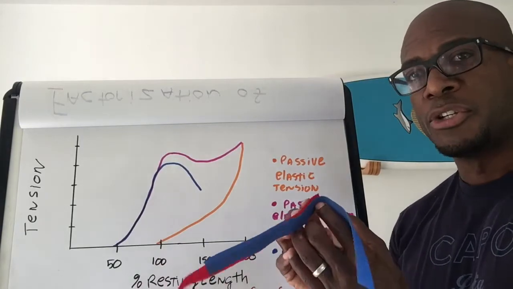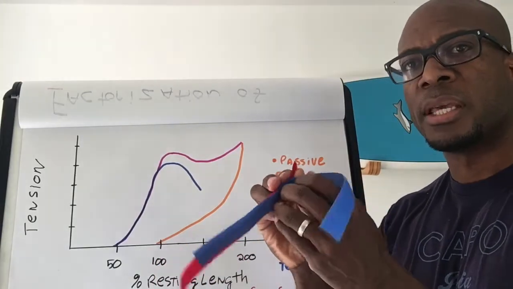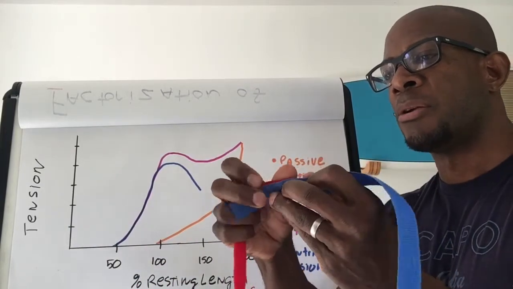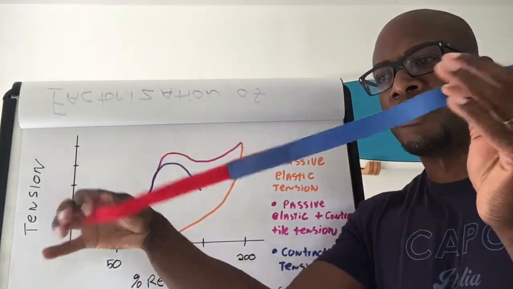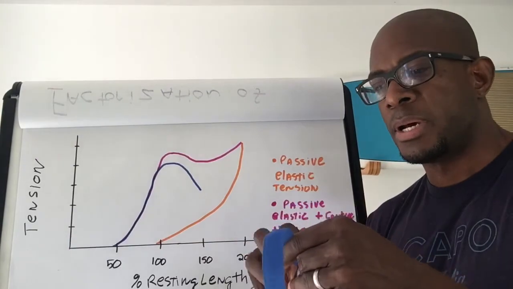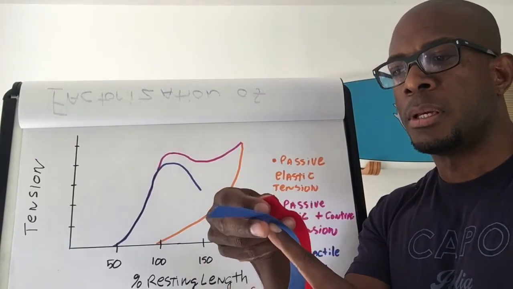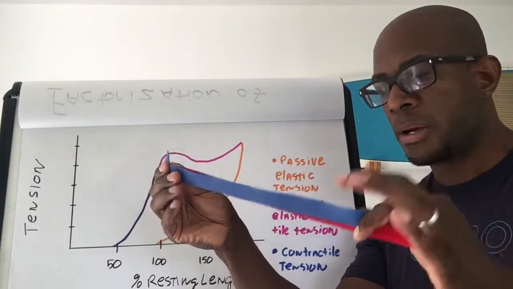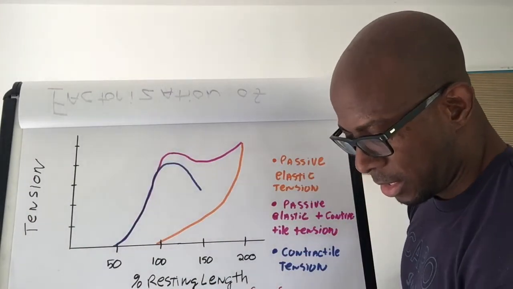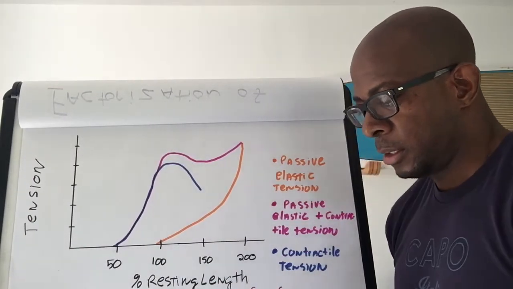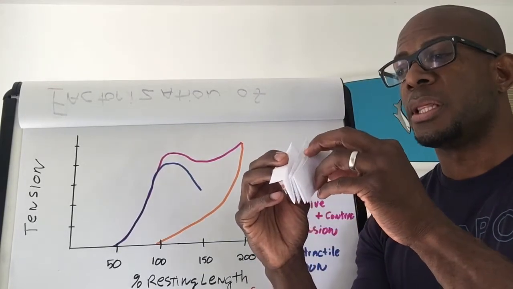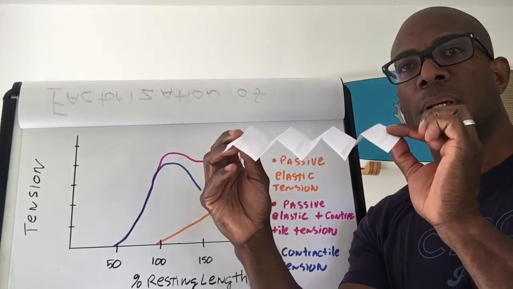The contractile tissue will change length very much like this, like Velcro, right? So depending on how it's overlapped, I've got that length of the tissue, or I can shorten it by doing that, right? Okay, so it's shorter there. Whereas the connective tissue component, or the elastic component, changes length like this, right?